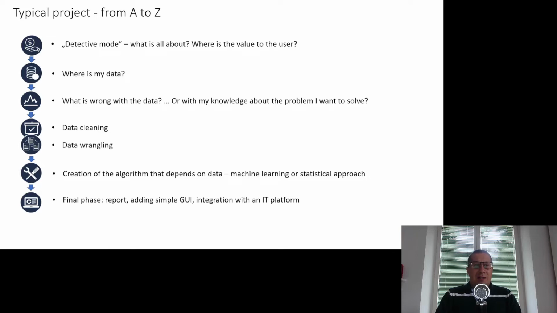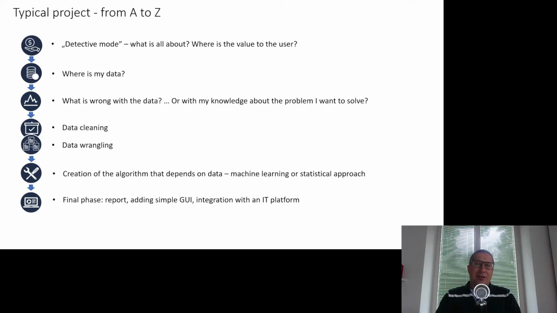And now let's focus on those typical steps. Here you can see them. First of all, at the very beginning of the project, you have to activate your detective mode. You need to understand the goal of the project, the nature of the industrial process that you will deal with, and where the value to the user is.